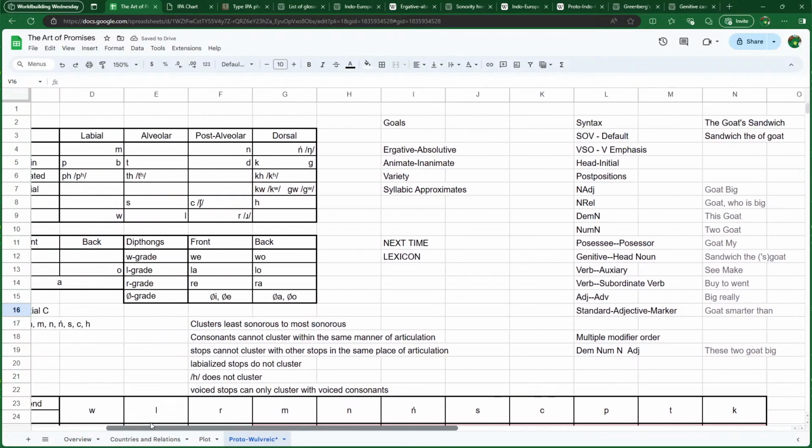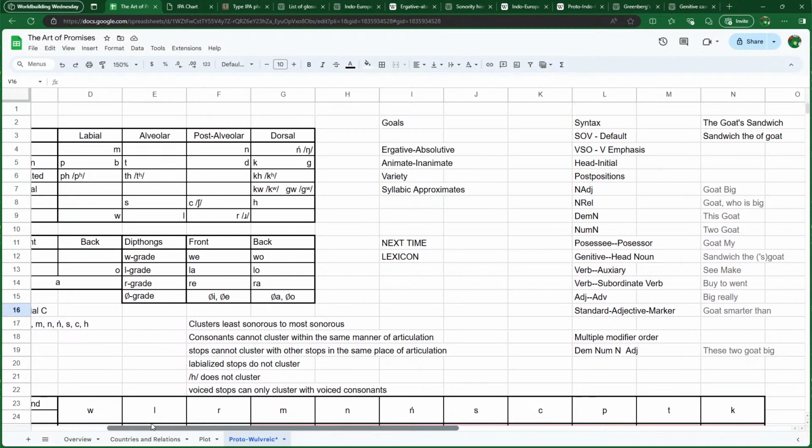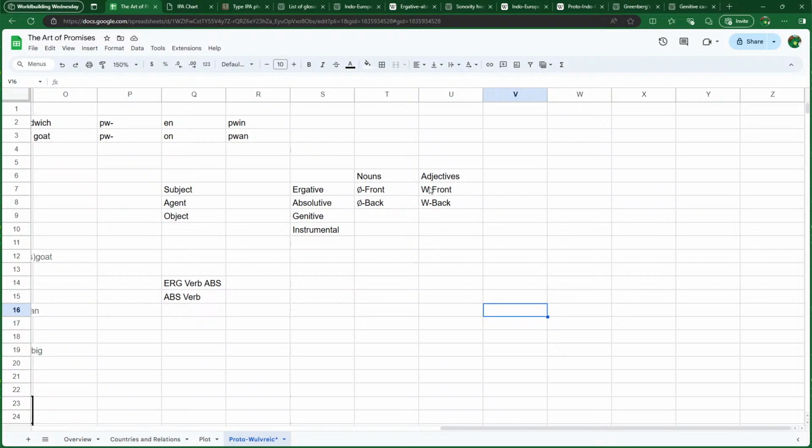And now for the other two, we can just have them be L grade and R grade respectively. L front, L back, and then R front, R back.